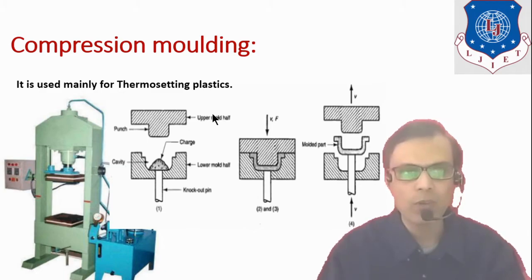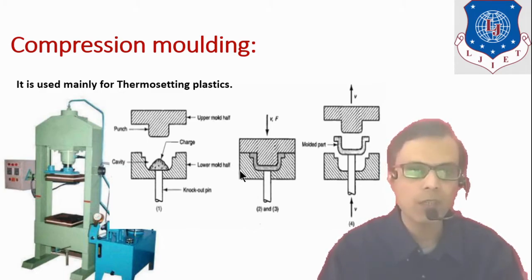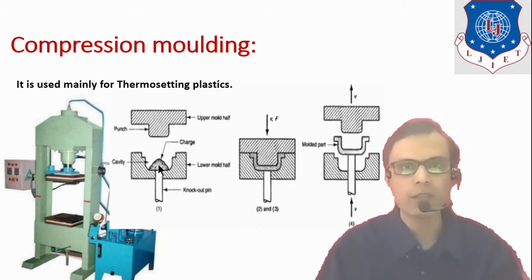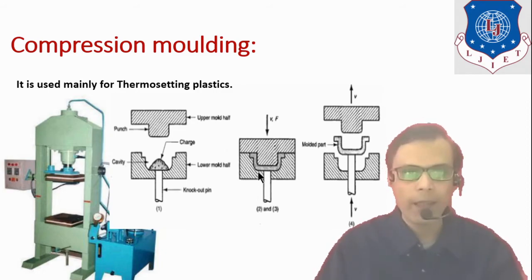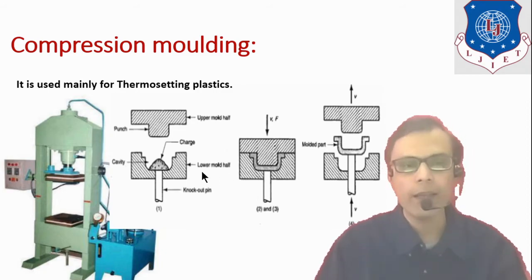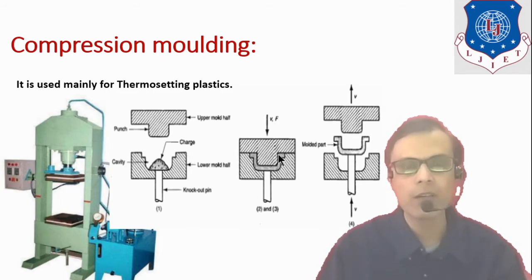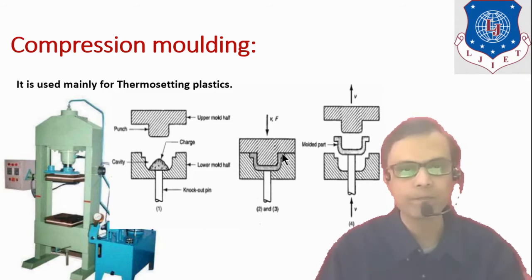This upper mold half now comes down. You can see in this second stage. So in this stage, when it comes down, it will press this already placed raw material in this lower mold half, and it will get the exact shape of this cavity. Here that shape is given to this raw material.